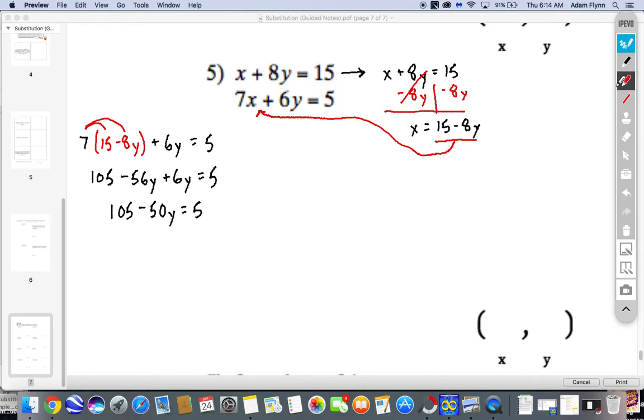At this point, it is time to get rid of this 105, so I'll subtract 105 on both sides in order to get that y by itself. When I do that, 105 minus 105 is going to cancel. So I'm left with negative 50y equals 5 minus 105, which is negative 100.